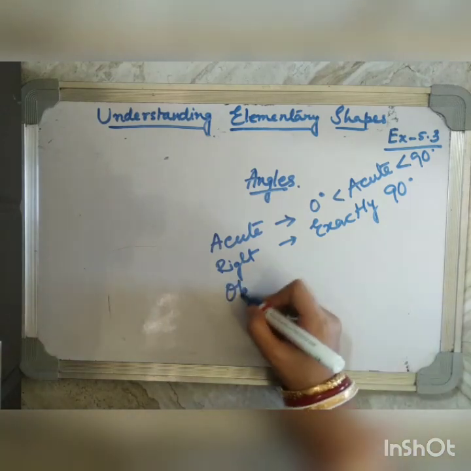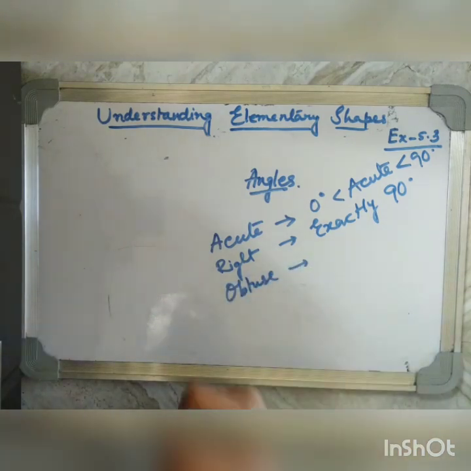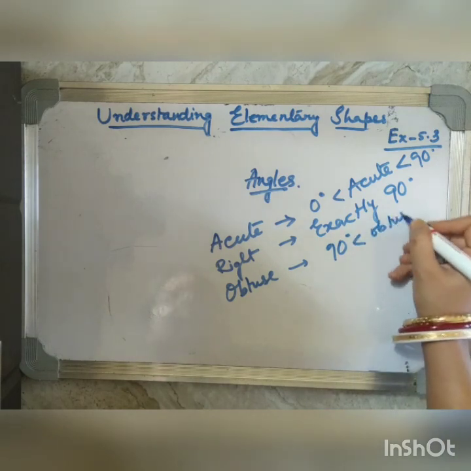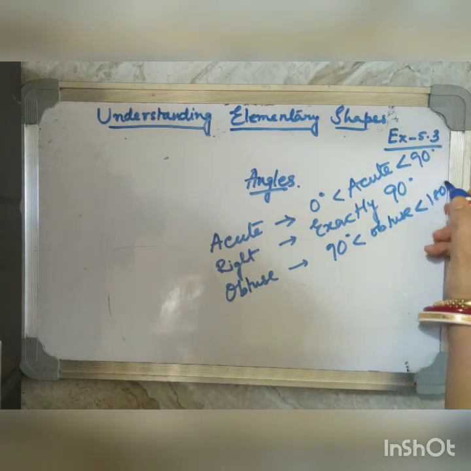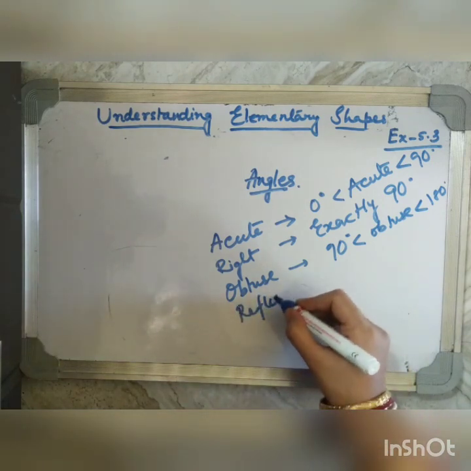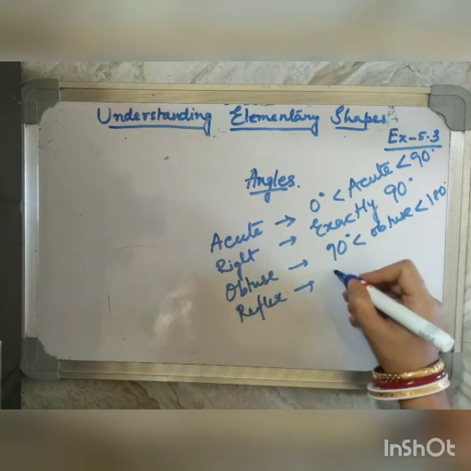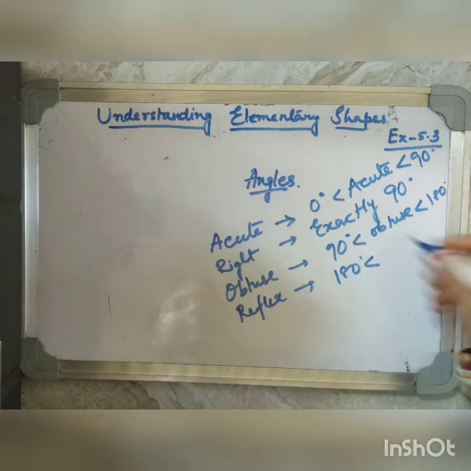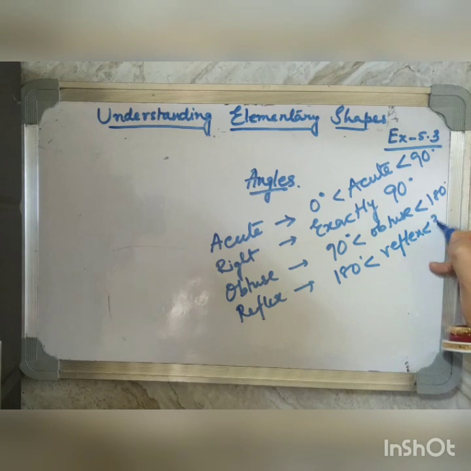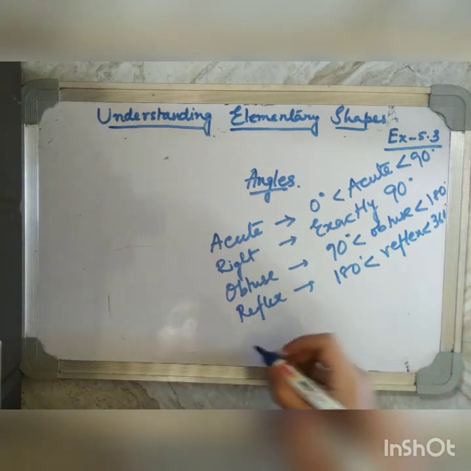Then obtuse angle, which is greater than 90 degree but less than 180 degree. Okay. Then reflex angle, which is greater than 180 degree and less than 360 degree.